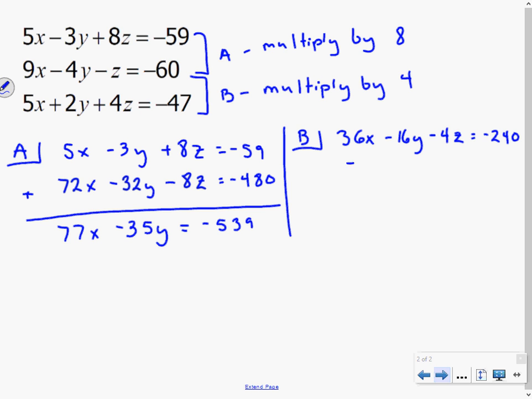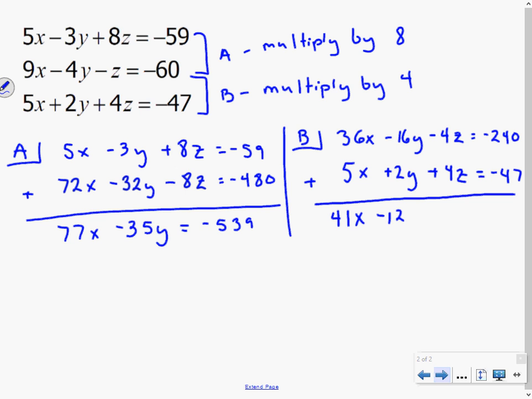And then that bottom equation isn't changing. So we just got to add them together. We get 41x minus 14y. The z's cancel, and that's equal to negative 287.